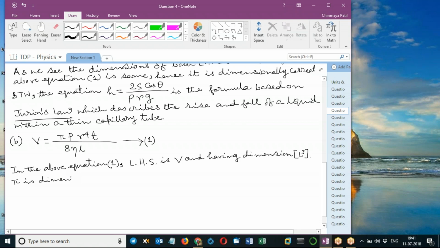Pi is something that doesn't have unit and doesn't have dimension, whereas angle has a unit, right? Degree or radian, but it doesn't have dimension. So, dimensionless.